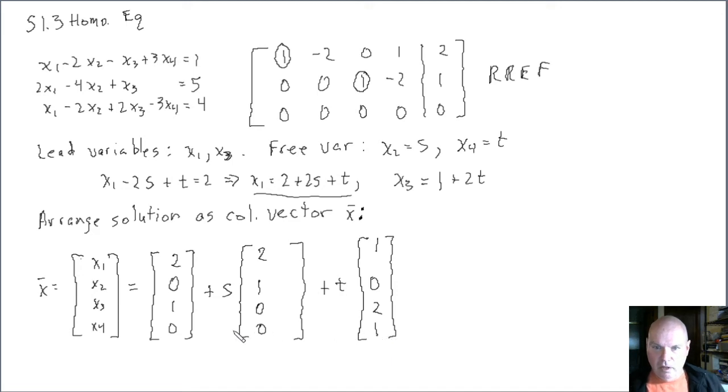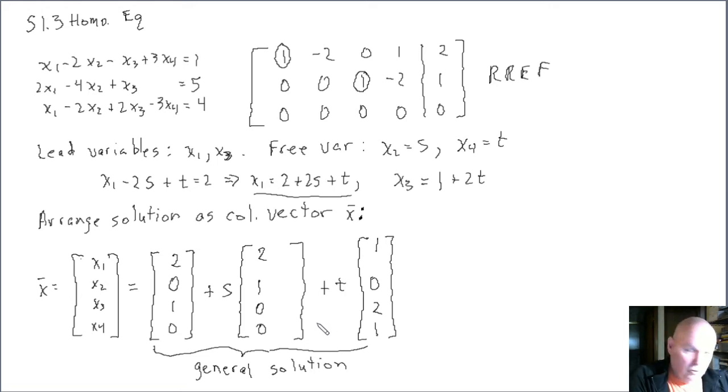Okay. So I can write the solution, and this is what we call the general solution to the system of equations. It includes all possible solutions to the original linear system of equations.